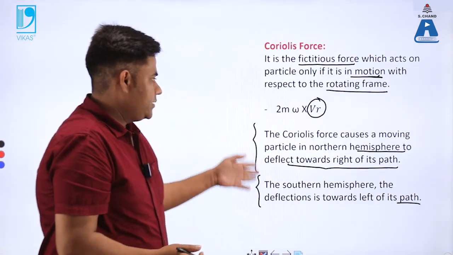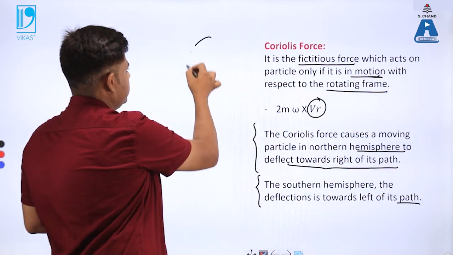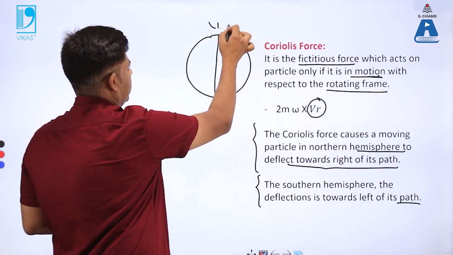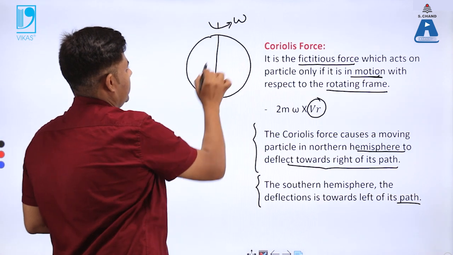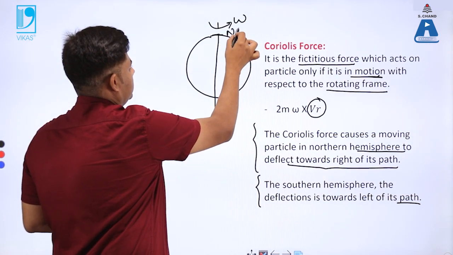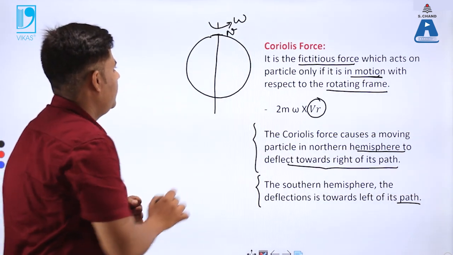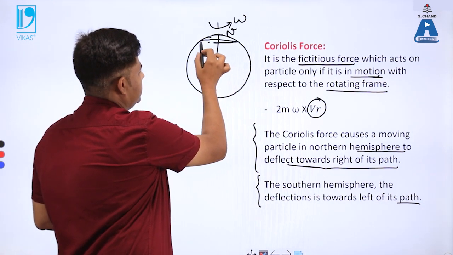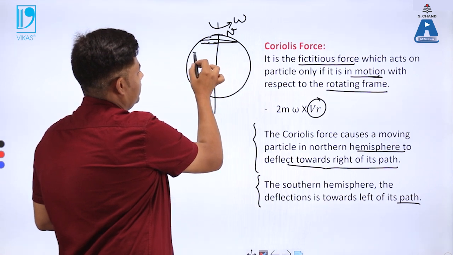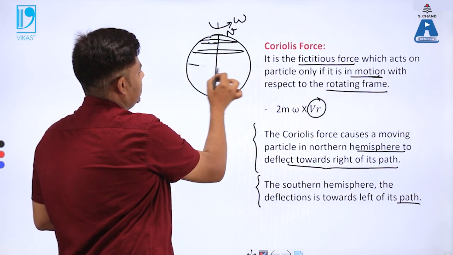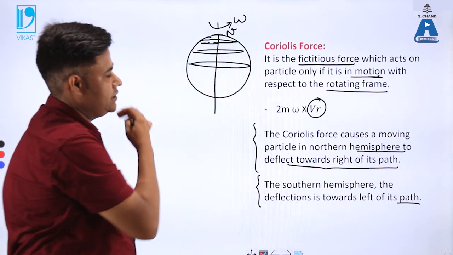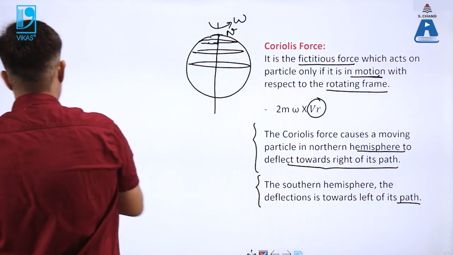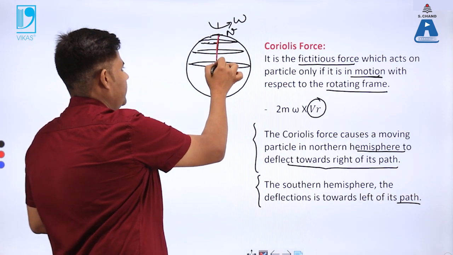So explaining these concepts, let us consider that this is earth, and the earth is rotating at an angular velocity which is omega, and I place the object at the north. And I have already told you that this earth is moving with different magnitudes of forces, and that magnitude of the force increases. So if I throw the object from the northern pole, what will happen?